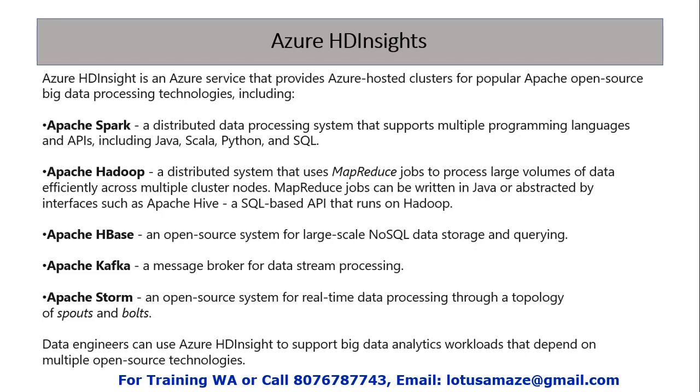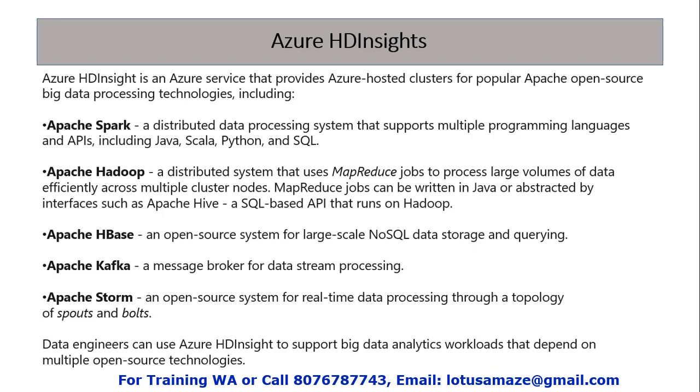Apache Hadoop is a distributed system. It uses MapReduce jobs to process large volumes of data, and MapReduce jobs can be written in Java, or can be abstracted by interfaces such as Apache Hive, which has an SQL-like interface, right? Then Apache HBase, an open source system for large scale NoSQL data storage.